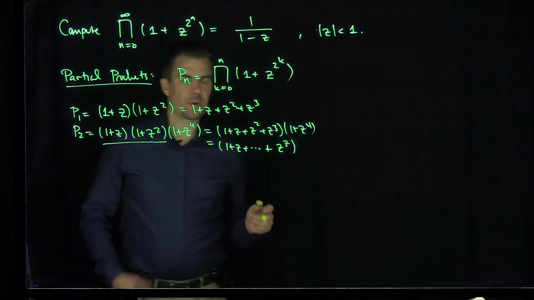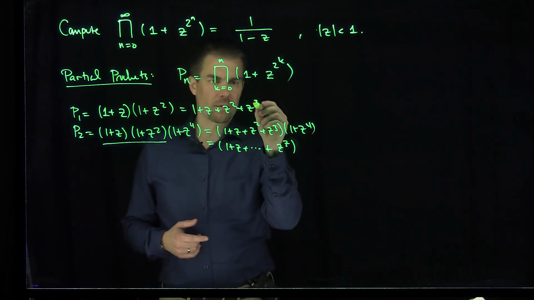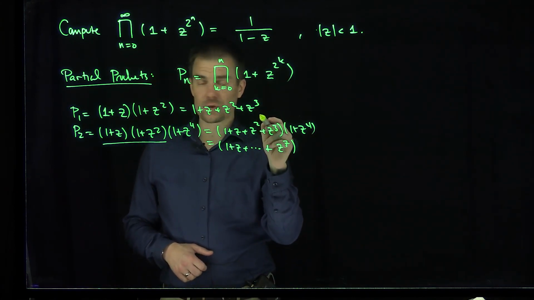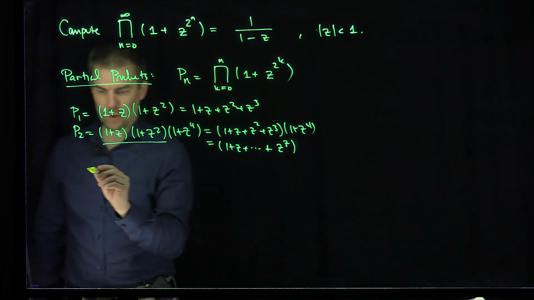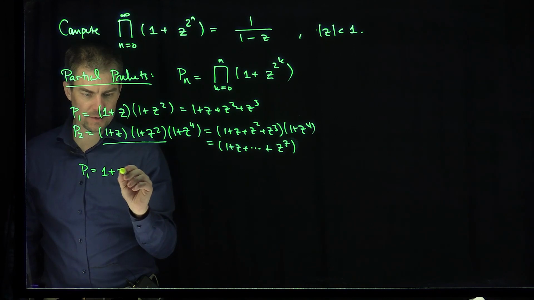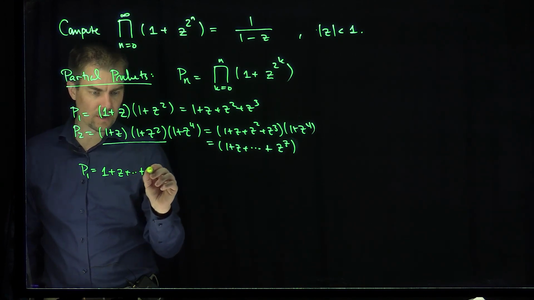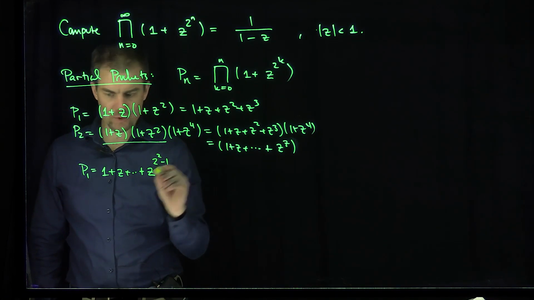Okay. And so now we can start to see the formula. So what's the relationship here? Well, this power over here is going to be 2 squared minus 1, and this is going to be 2 cubed minus 1. So it looks like P1 is going to be 1 plus z plus all the way up to z to the power 2 squared minus 1.